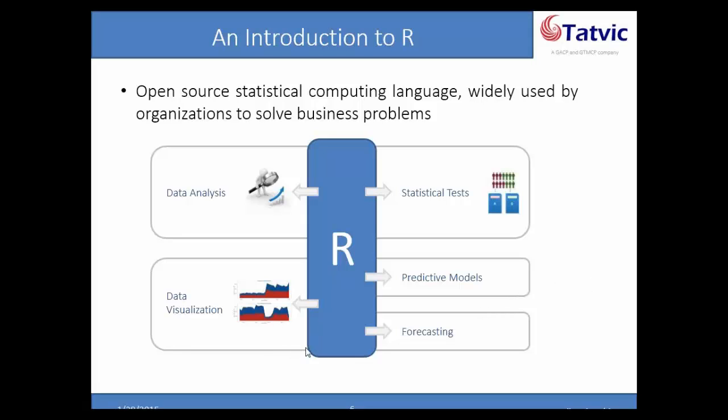So our goal today is to give you a 10,000 feet view of R and show you some of its capabilities, mainly in data analysis, visualization, and forecasting. And so we have tried to pick one example each from all of these categories.